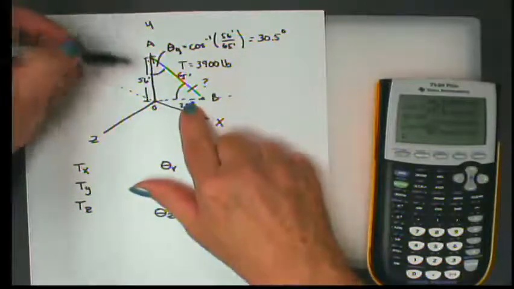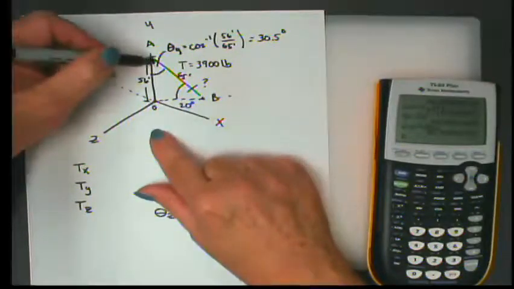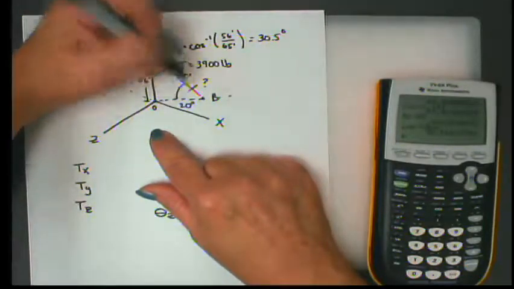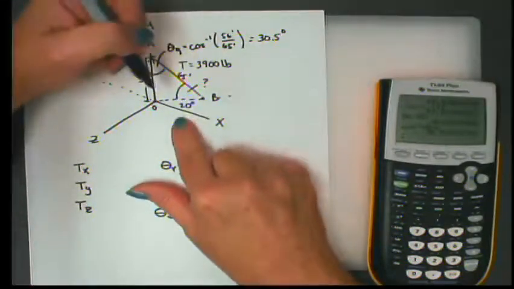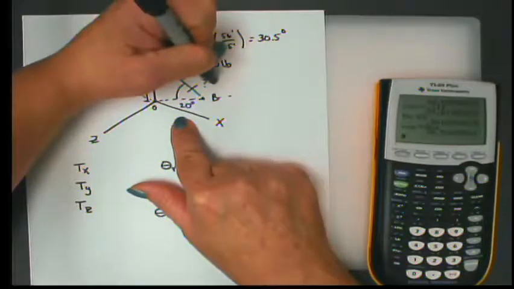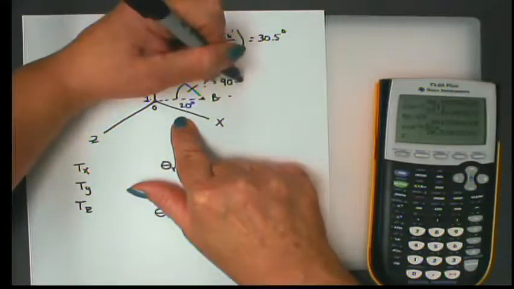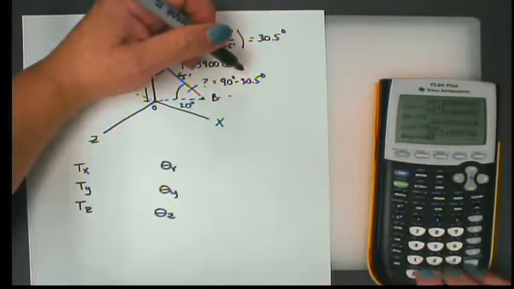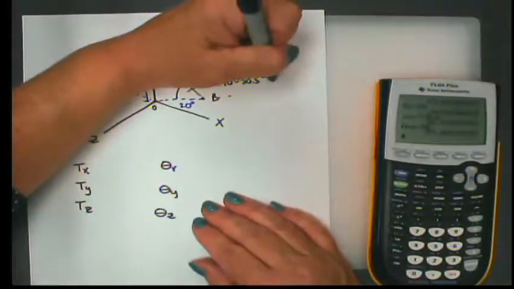If it's a 30.5 degree angle with the y-axis, the angle it makes with the xz plane is 90 degrees minus 30.5 degrees, or 59.5 degrees.